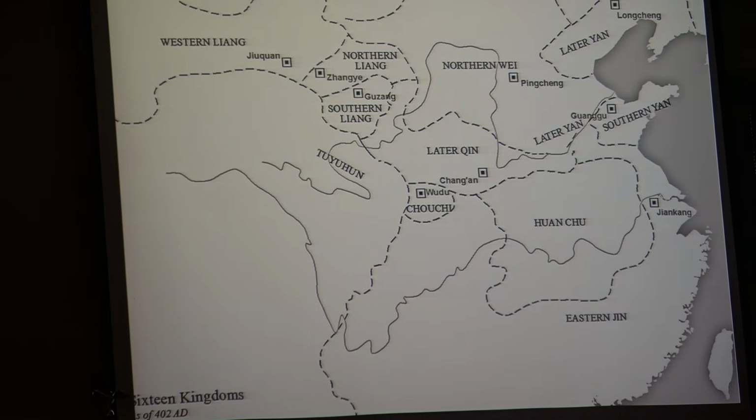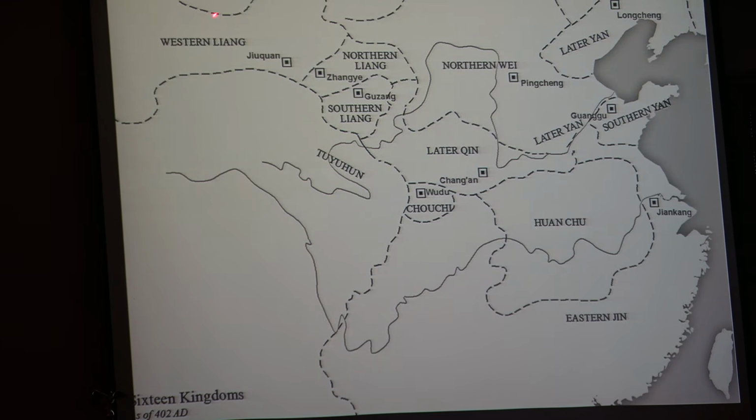So this is what we have from the period before the 5th century, and now we look at the map again to see some of the names, and I want to show you, because the map won't come up again, the place called Jiuquan in Gansu province.